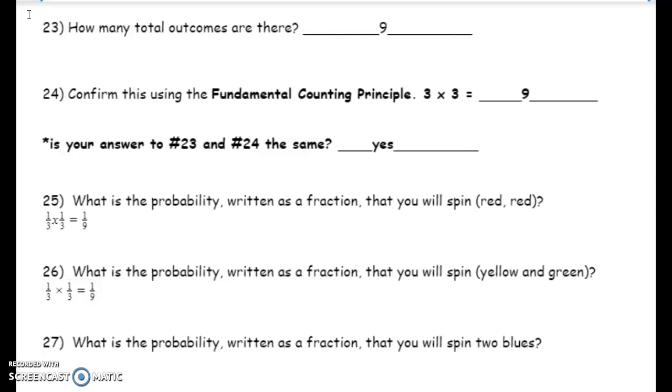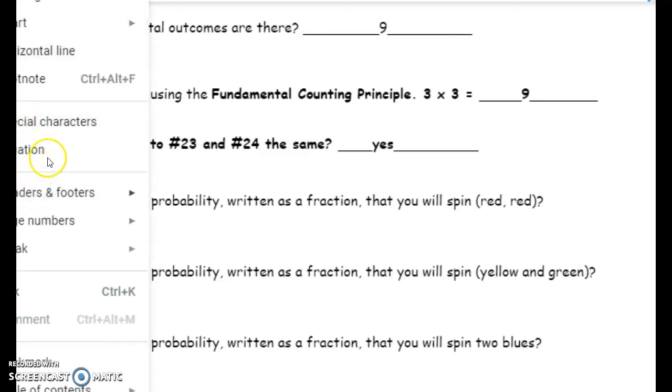And number 27, what is the probability written as a fraction that you will spin 2 blues? In my spinner, I only had red, yellow, and green. So will I be able to spin 2 blues?